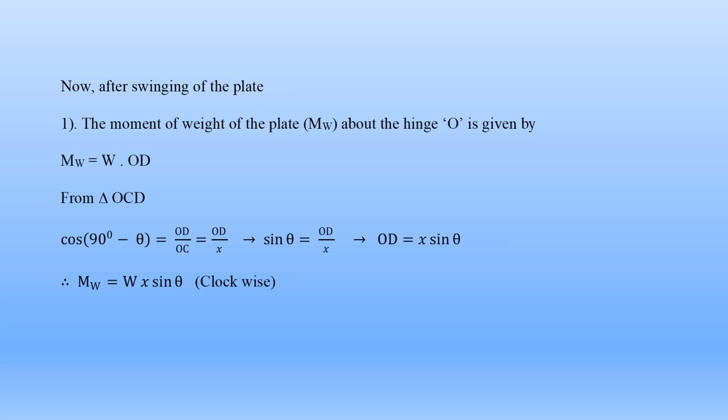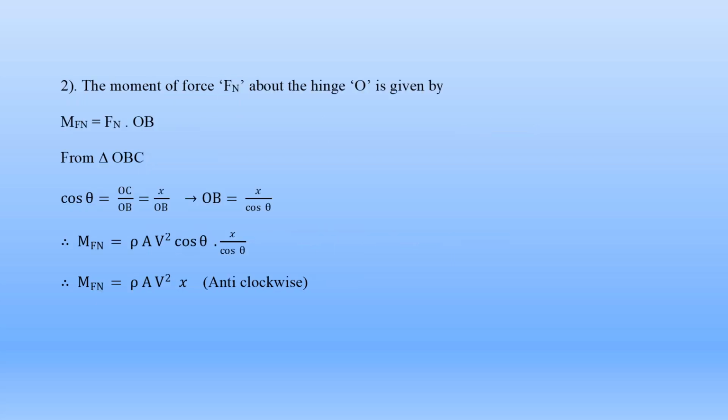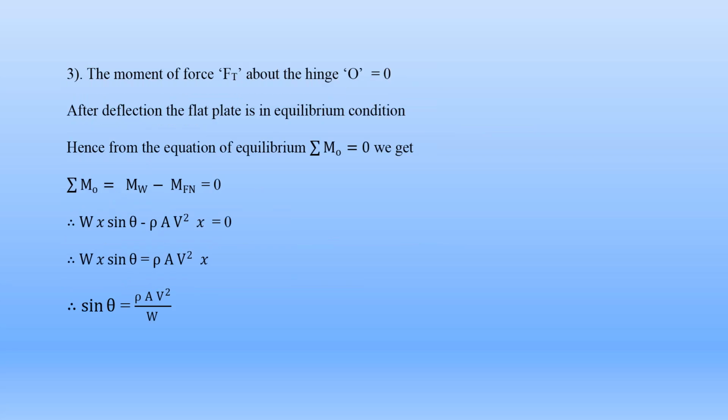Since the metal plate contains the hinge at the top, the algebraic sum of these two moments, Mw and Mfn, about the hinge is 0. By using that condition, you will get the required condition for this hinged metal plate.